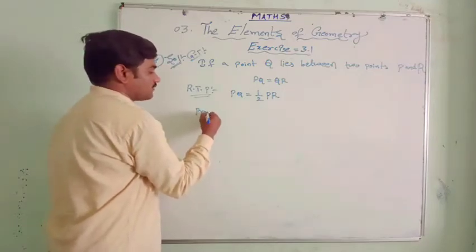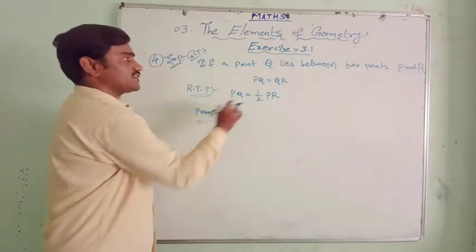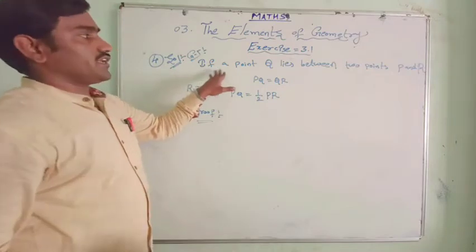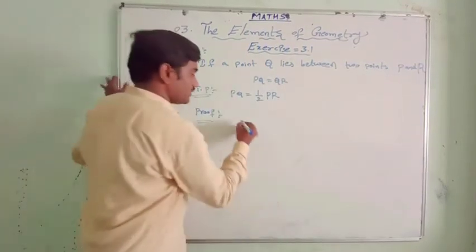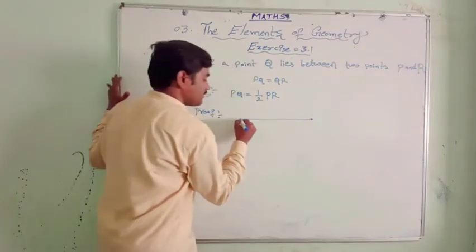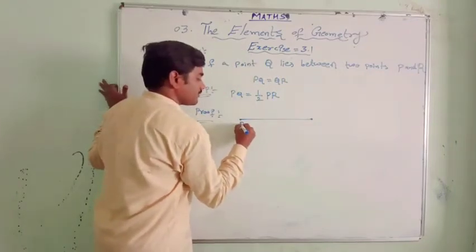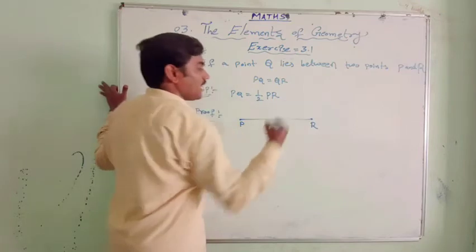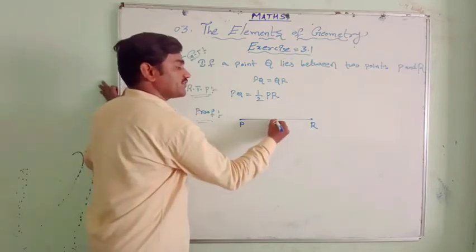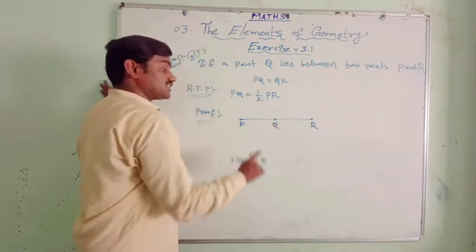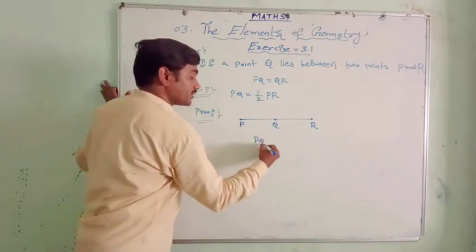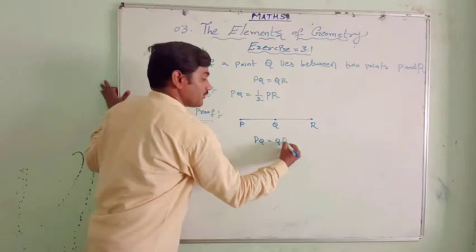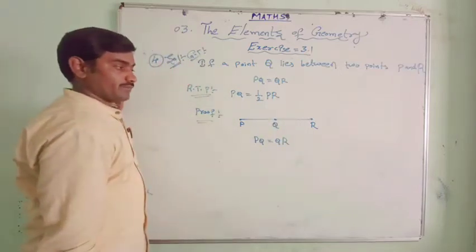Let us prove that. Proof. It is given that a point Q lies between P and R. Suppose we take P and R here. Q is lying between these two, such that PQ is equal to QR.